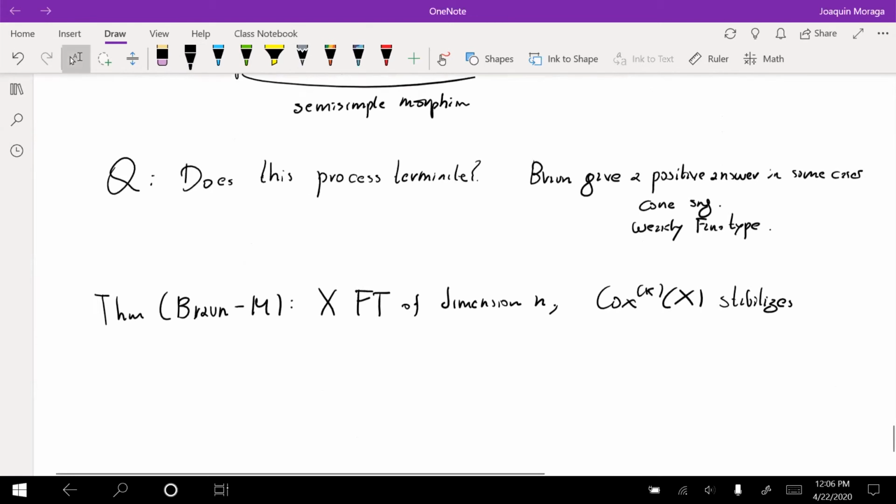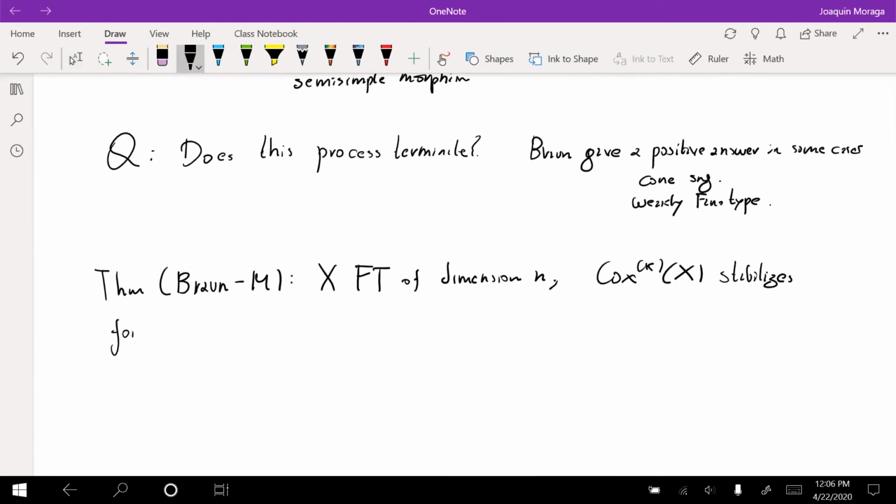And the interesting thing is that it stabilizes for k greater or equal than C(n), where C(n) only depends on the dimension. So if you iterate the Cox ring of Fano varieties, they all stabilize at the same point. I mean, not the same point, but there is a bound that only depends on the dimension, such that you cannot keep taking the Cox ring.